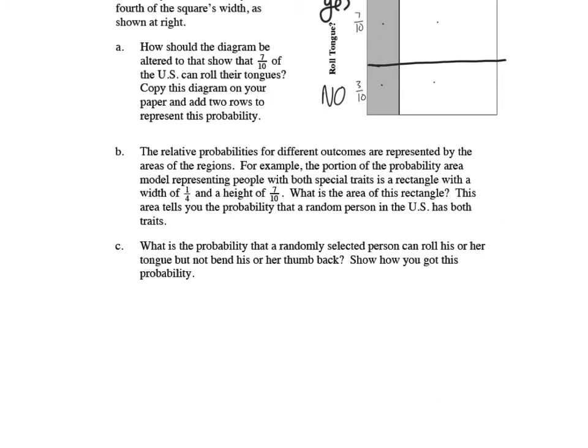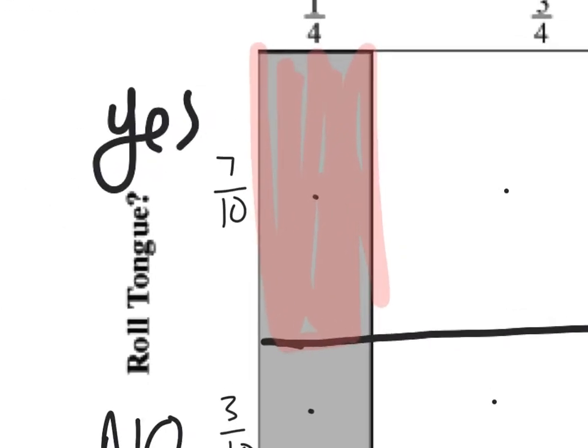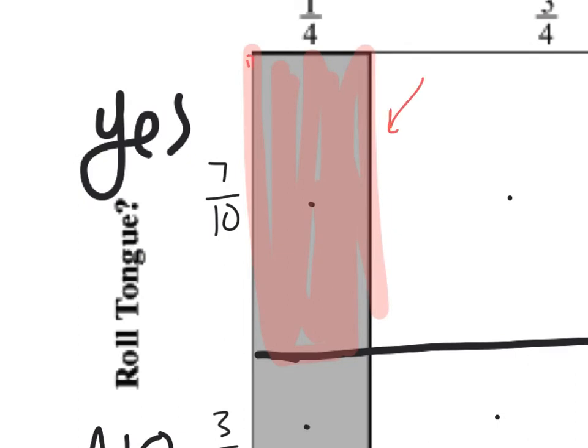It says the relative probabilities for different outcomes are represented by the areas of the regions. For example, the portion of the probability area model representing people with both special traits is represented in this box right here. Yes, yes. This is somebody who would have both special traits in this box. Now, what is the area of that rectangle? Well, the area of this rectangle is going to be found by multiplying the base and the height, which would be 1/4 times 7/10.